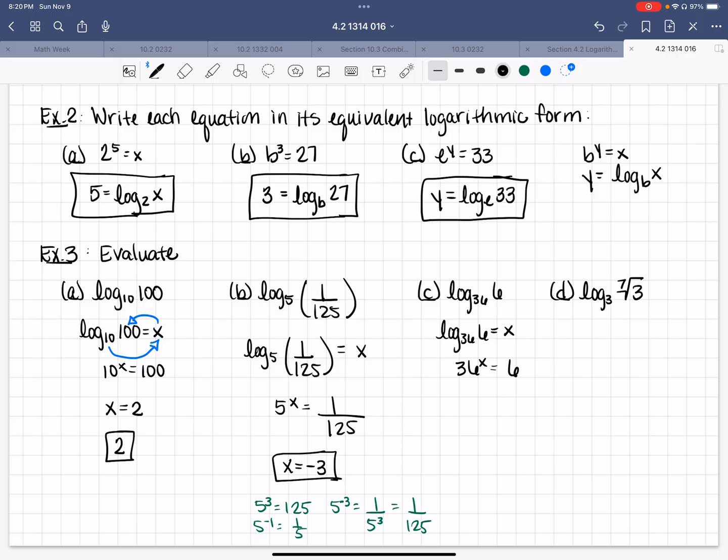So what I'm really looking for is that the square root of 36 equals 6. Well, we have to go back and think, when I write the square root, what's that as a rational exponent? This is really 36 to the 1/2 power equals 6. So I know that x will equal 1/2.